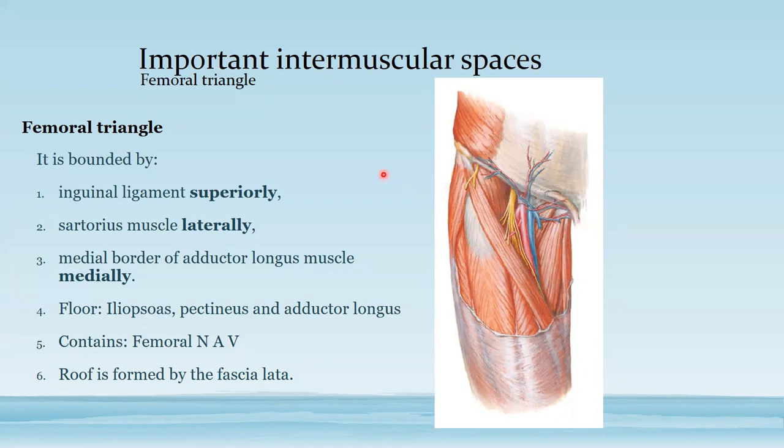The femoral triangle is bounded by the inguinal ligament. Then you have the sartorius muscle as its lateral boundary, and the medial border of adductor longus. So this is adductor longus, and this is the sartorius.